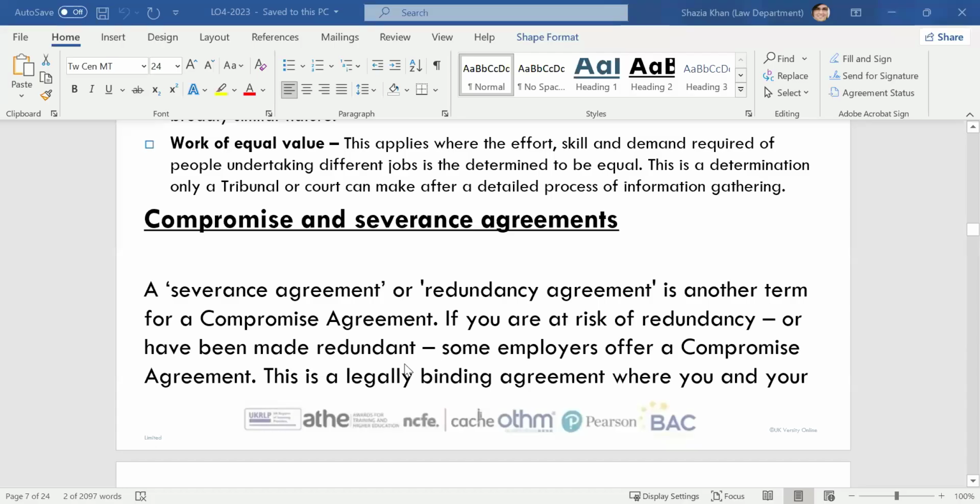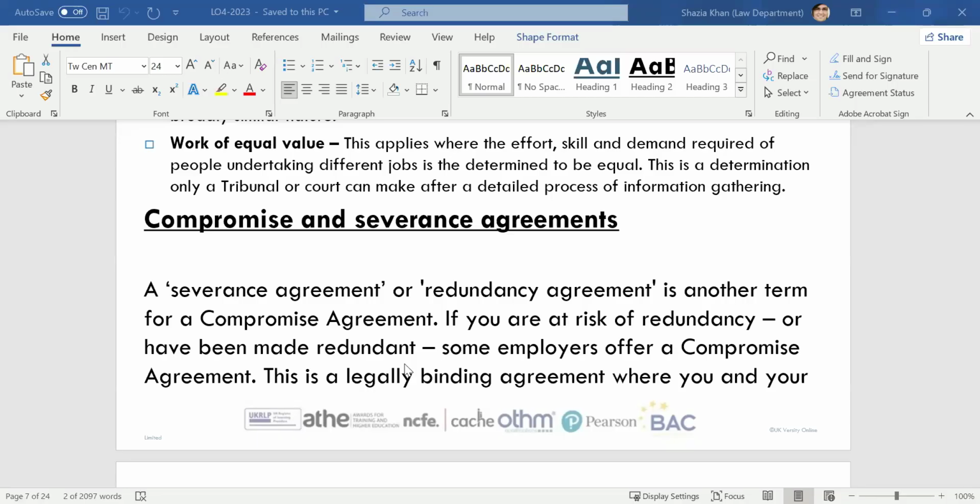So settlement and severance agreements are legal contracts used to resolve employment disputes. An employer typically pays a sum of money to the employee in exchange for the employee waiving their right to make future legal claims. So these agreements cover final payments, the severance payments.